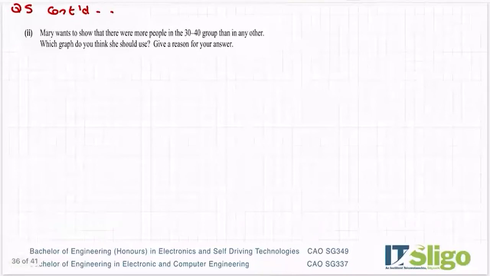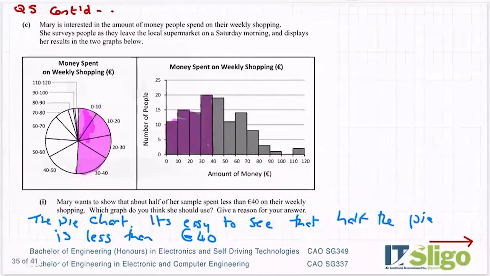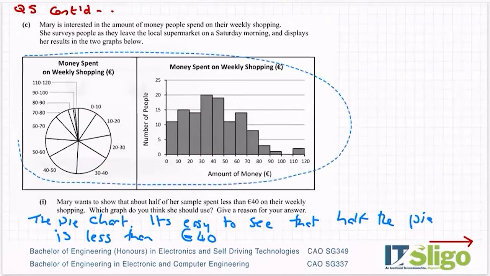Mary wants to show that there were more people in the 30 to 40 group than in any other. Okay, let me clear this out for a second. Let me copy the charts.